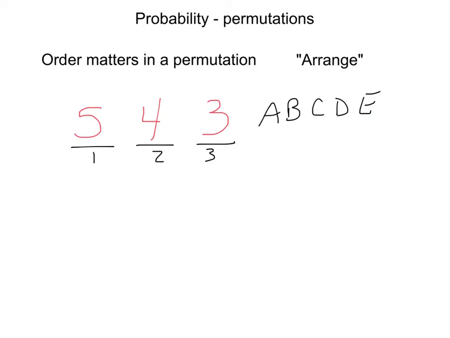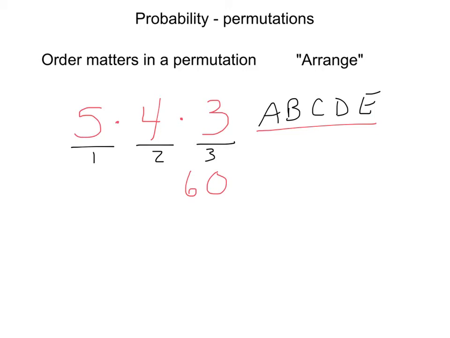Once the 3 seats are filled, I'm finished. So what I'm going to do is then multiply those together, because I'm finding somebody to sit in the first and the second and the third seat. And a little bit of quick math can tell you that this total is going to be 60. There will be 60 different ways to arrange these 5 people in 3 seats, first, second, third.